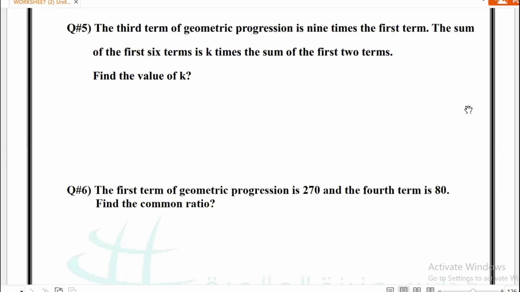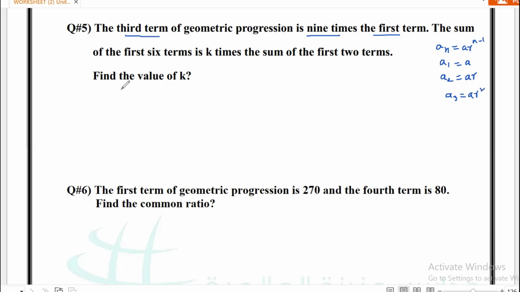Students, next question 5. The third term of a geometric progression is 9 times the first term. Remember, this is the third term of a geometric progression. If you write a geometric progression, an is equal to ar power n minus 1. So a1 is a, a2 is ar, a3 is ar square.